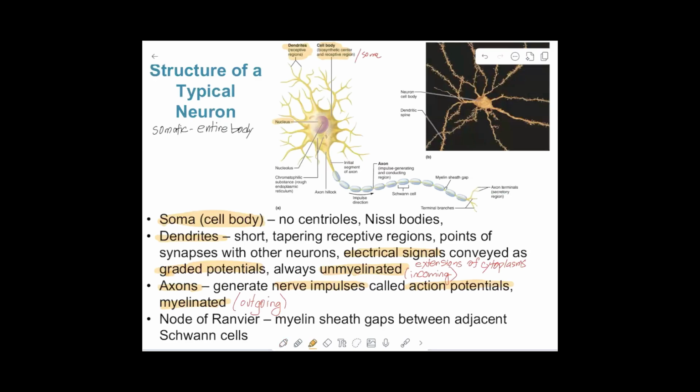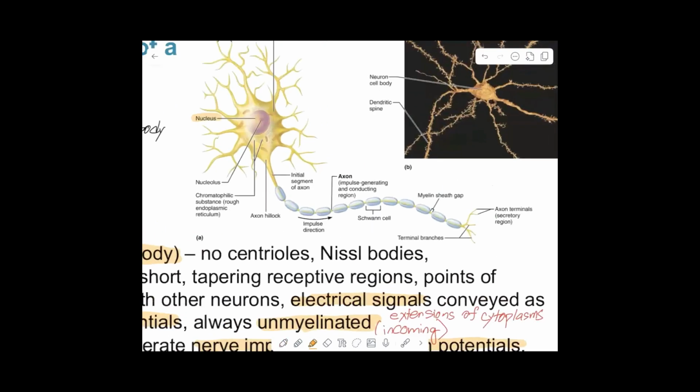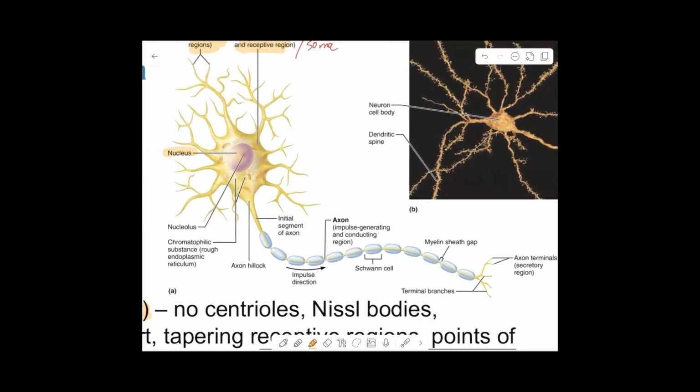So let's look at our diagram a little more closely here. We can see the nucleolus inside the nucleus, and rough endoplasmic reticulum, which is called the Nissl body.